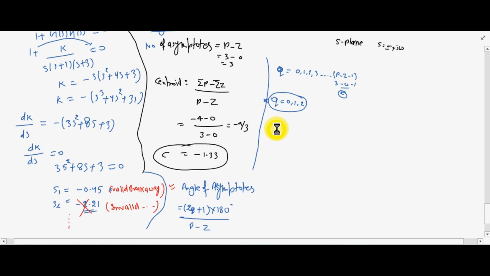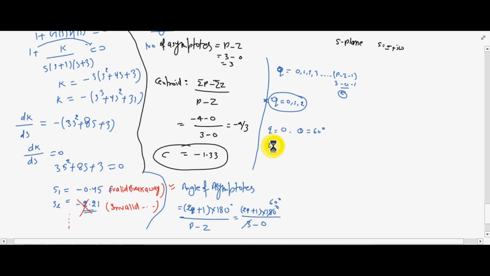Now put in the values of q. We have (2q plus 1) multiplied by 180, divided by 3 minus 0, because the number of poles is 3. This 3 goes into 180 as 60. Now put q equal to 0: the angle of asymptote theta is 60 degrees.